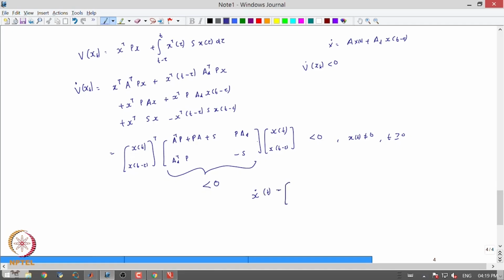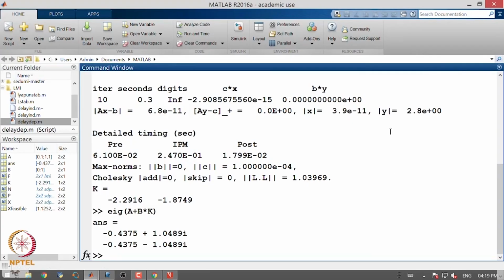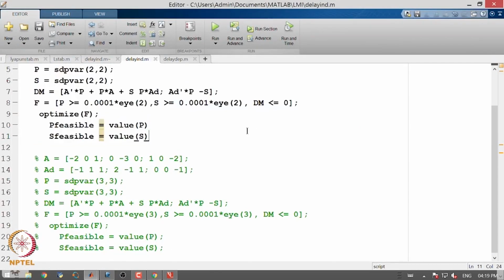X dot of t is [-1, 0; 0, -2] x of t plus [1, 0; 0, 1] x(t minus tau). Okay. And if I just run this code here, my unknowns are P and S, they are 2 cross 2.